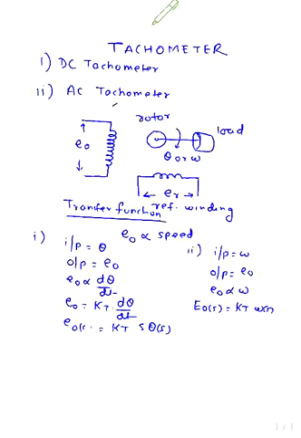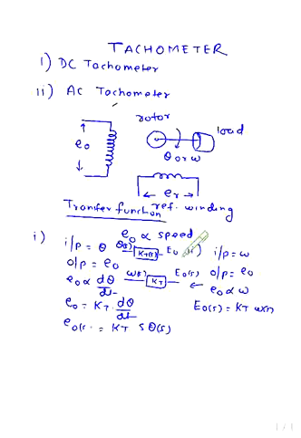These are the two functions we can find, and based on them we can make a transfer function. In the first case, with theta(s) as input, the gain is Kt s and E0 is the output. In the other case, omega(s) is the input, Kt is the gain, and E0 is the output.